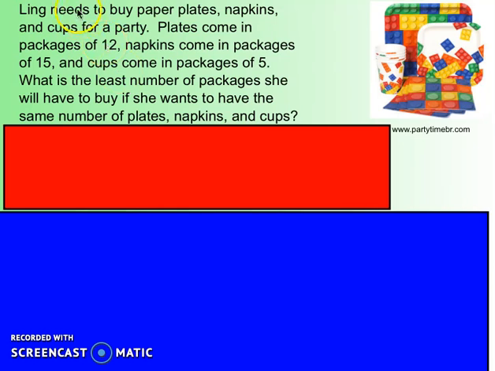It just says that they come in packages of 12, and napkins come in packages of 15, and then cups in 5, but we don't know how many she bought. And this other keyword, it says, what is the least number of packages? Well, we don't know how many packages again.